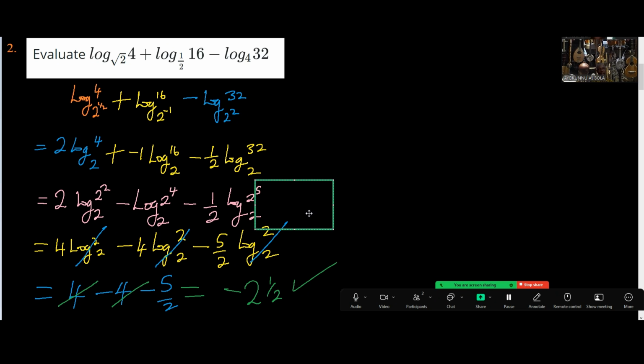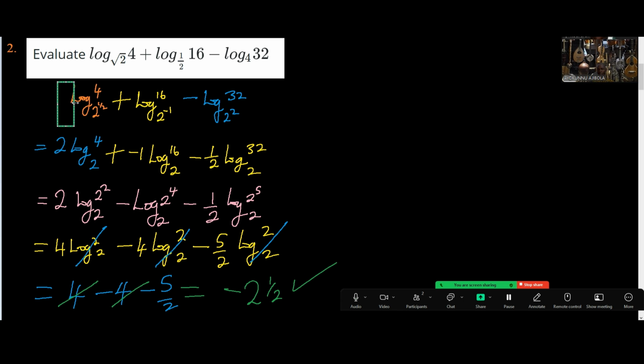Remember the 5 is at the top, so this 5 will multiply the half that is here. 5 times half is 5 over 2, that's 5 times 1, then over 2. That's where 5 over 2 came from, and it's the 5 over 2 that gave us 2.5 here, but there's a negative there. Is that clear? Yes, sir.